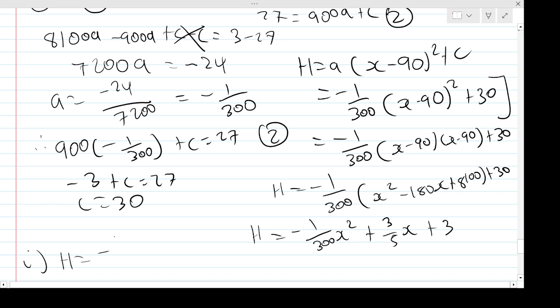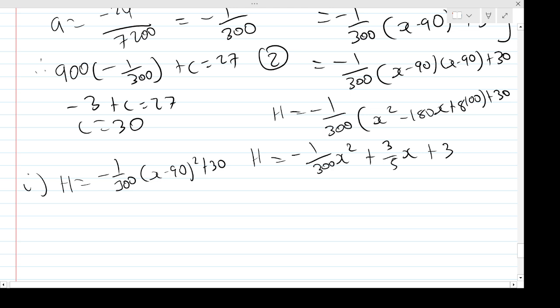So h is minus 1 over 300, x minus 90 all squared plus 30. Now for the maximum vertical height, which is h max, that's going to be when the bracket equals 0 again. But when the whole bracket goes 0, I'm just left with 30. So that's your height. So simply h max is 30 meters.